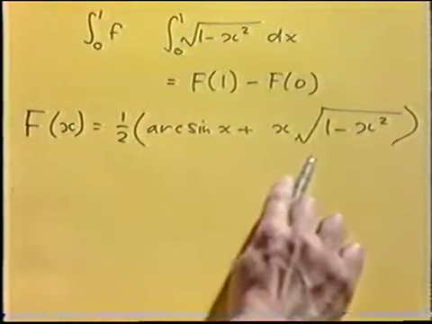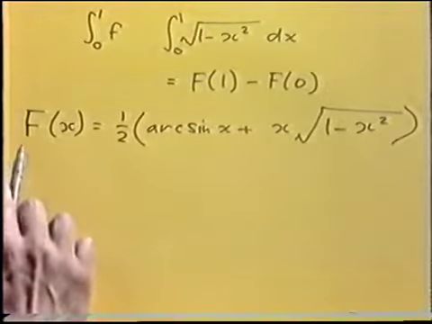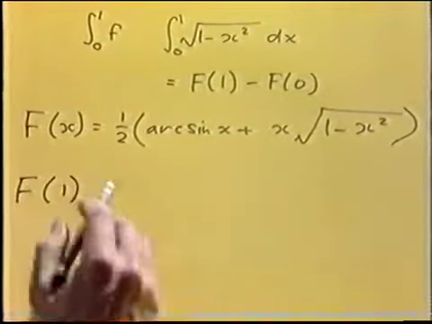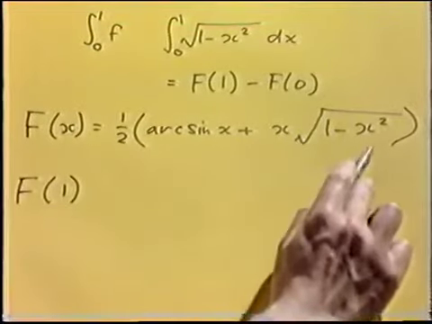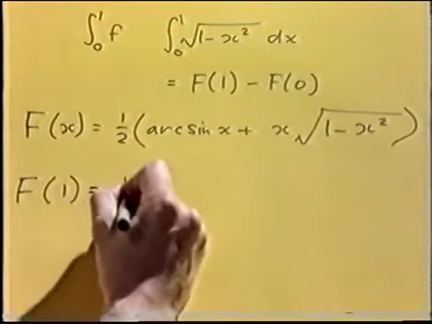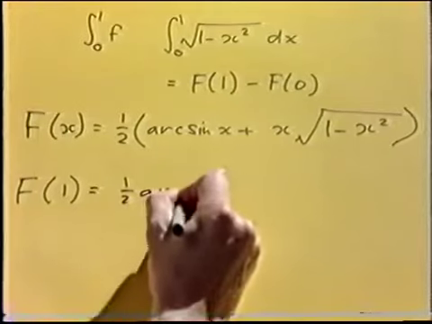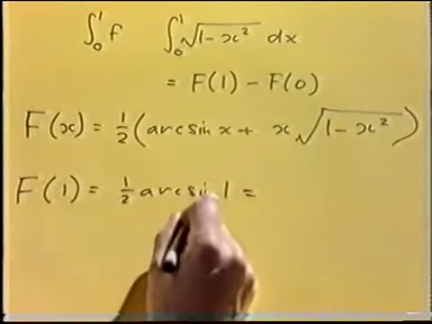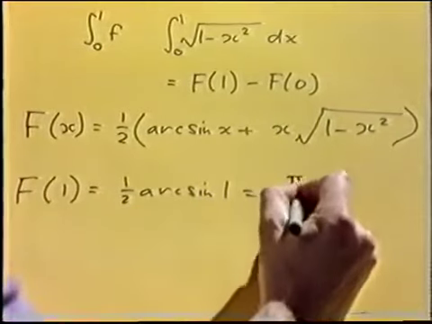So here's big F. If I put x equal to 1 in here, this term disappears, and I'm left with a half arcsine 1, which is a half times pi over 2, which is pi over 4.